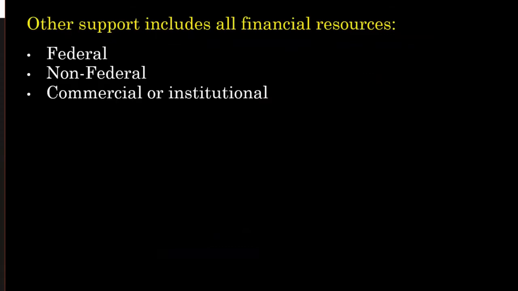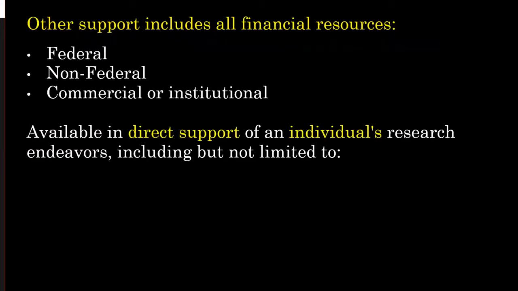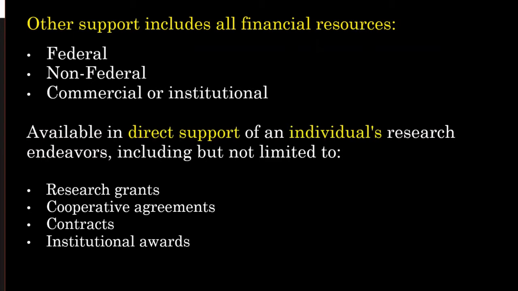It includes all financial resources, federal, non-federal, commercial, and institutional, if these have a foreign component in them, foreign money or collaboration, available in direct support of an individual's research endeavors, including but not limited to research grants, cooperative agreements, contracts, institutional awards, and like I said, service agreements. If they are from a foreign entity, then they have to be disclosed as other support as well.